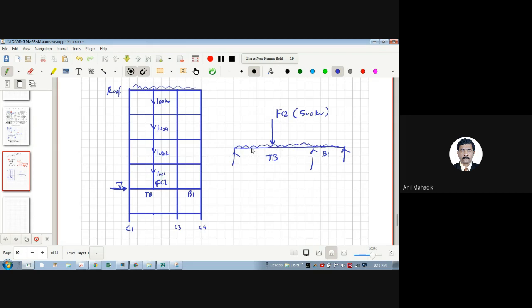Then this transfer beam will transfer this load to C1 and C3. In these cases, the bending moments are huge, and the numbers are so large that the required size of the transfer beam is very high. This is the generally floating column case. Getting the load path? Yes, sir.